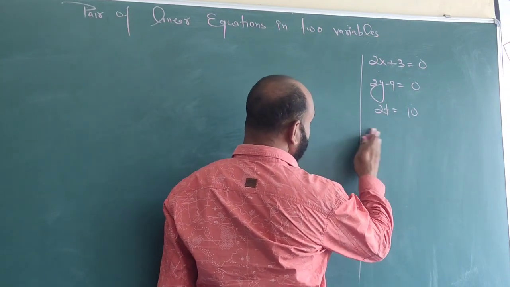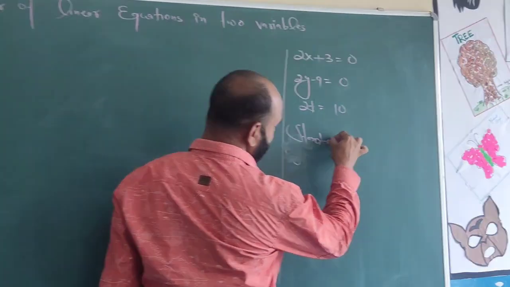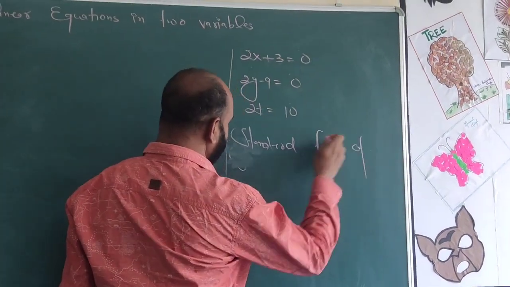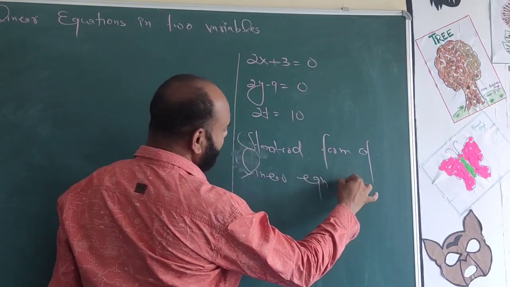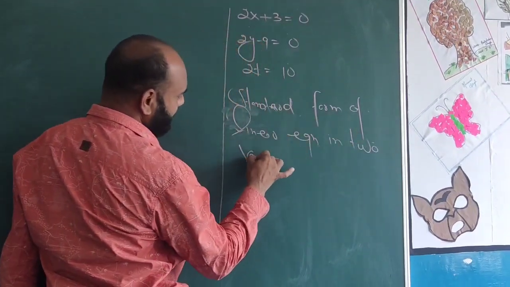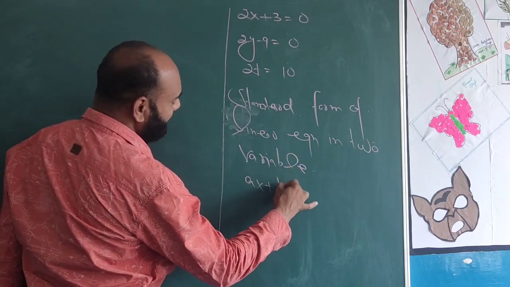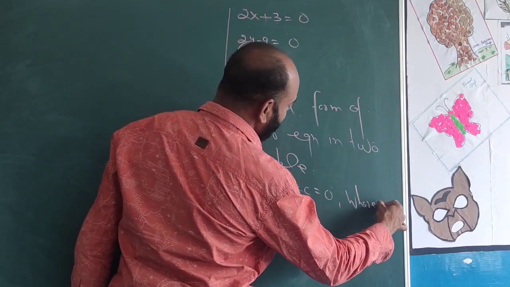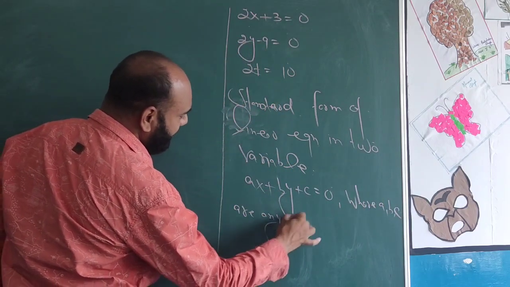The standard form of a linear equation in two variables is ax plus by plus c is equal to 0, where a, b, c are any three real numbers.